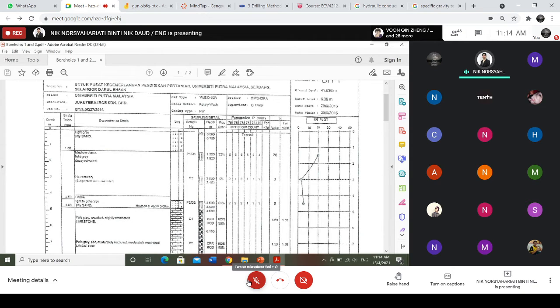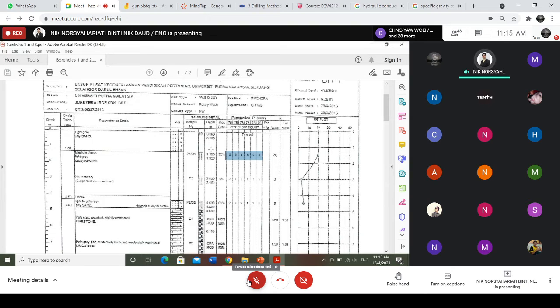The split spoon sampler is used to get the sample, right? But before that, the SPT blow counting is also collected. For this standard penetration test, using this blow count, if you notice these figures, 5, 6, 6 until 4, you can get the N value, which is the value for the strength of the soil.